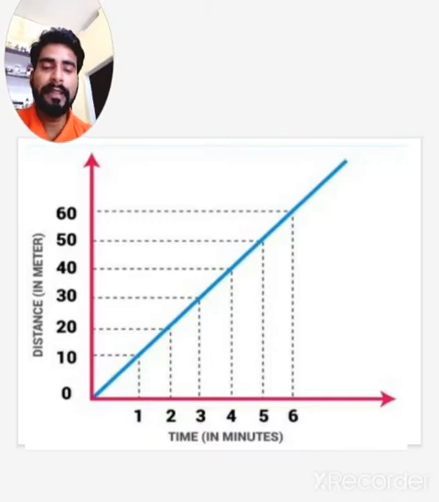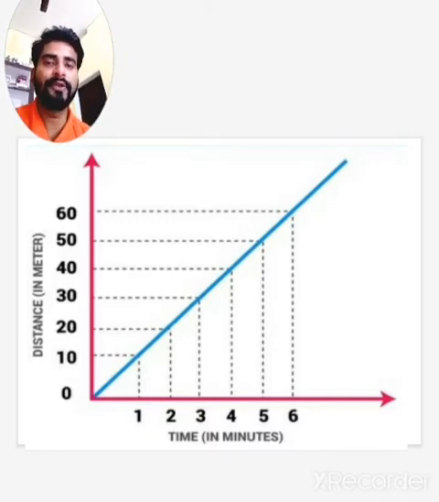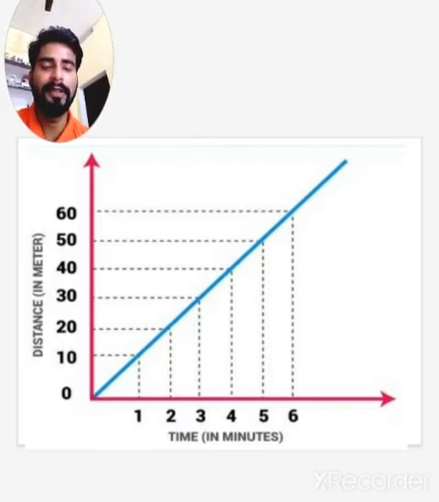Easily here we can see the line is a straight line. This straight line shows that the body is moving uniformly. If the body is moving uniformly, we get a straight line, because the body is covering equal distances in equal intervals of time.